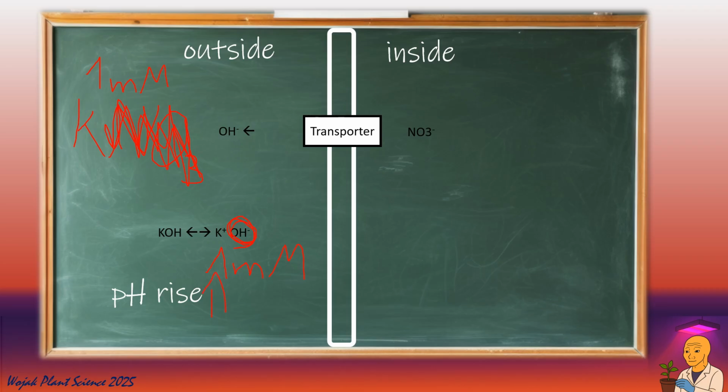This is a little bit oversimplified, because I think the current view on this is that you don't get H plus back, but the plant is permanently pumping H plus over the membrane.